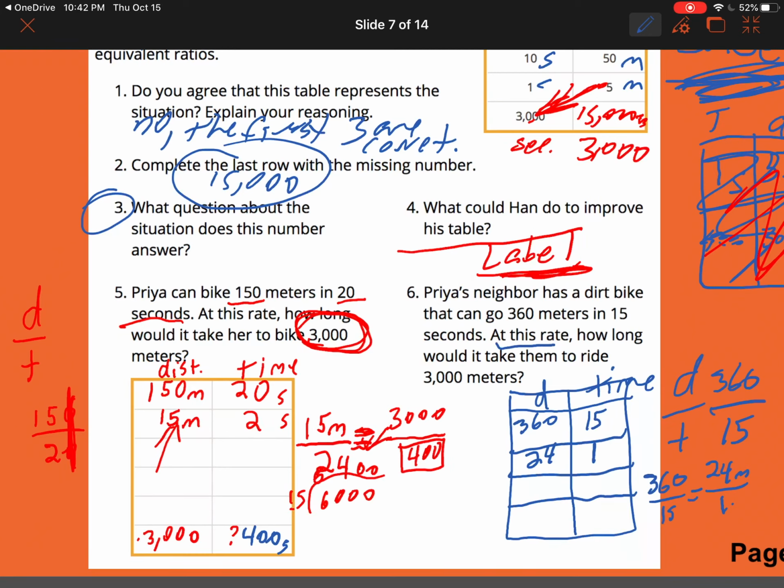Now let's look back at our question. At this rate, how long would it take for them to ride 3,000 meters? So we need 3,000. We need to find the time. So how would you work it out?